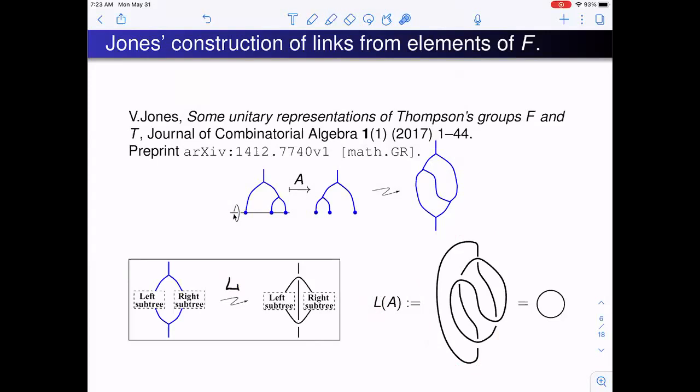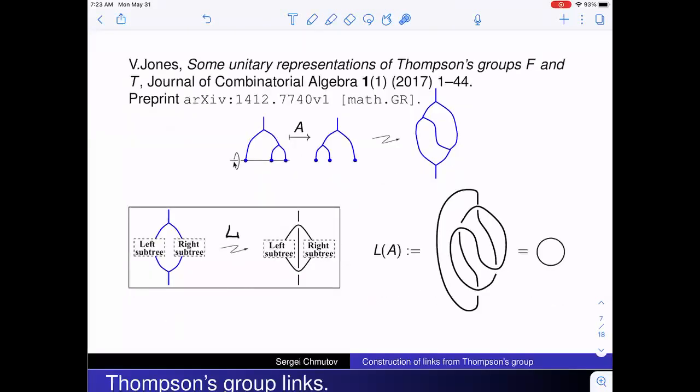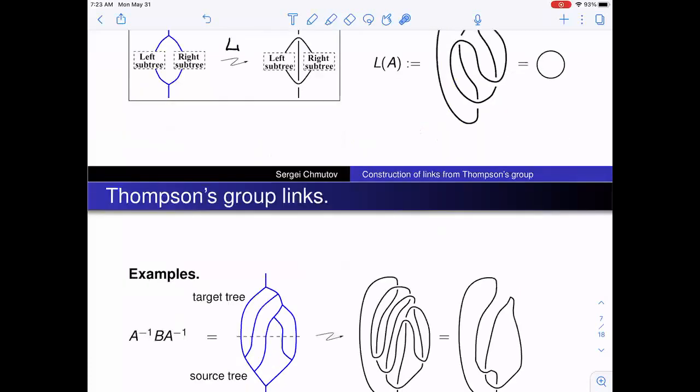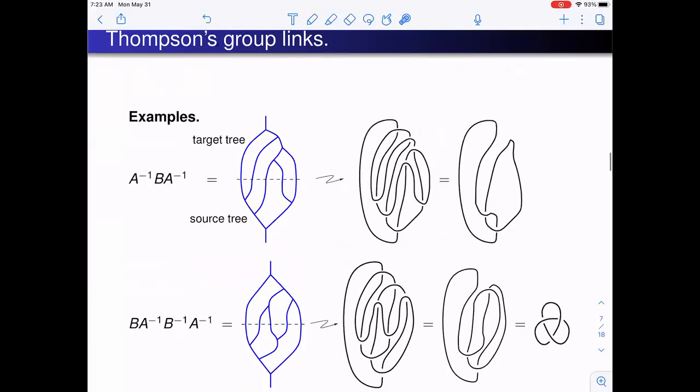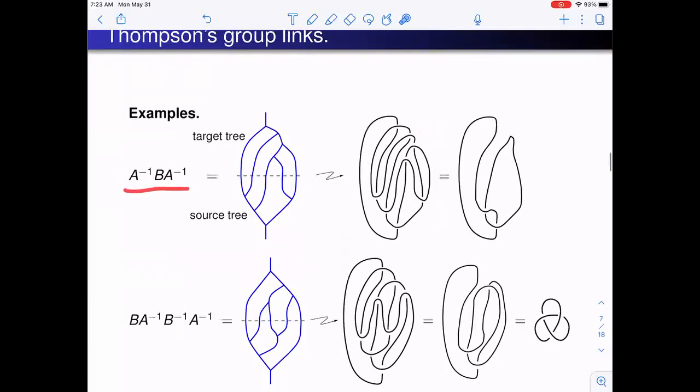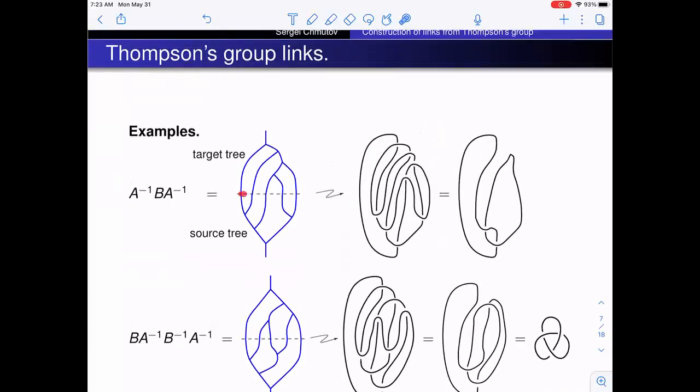But let's look at more examples of this construction. For example, if I take this element of the Thompson group like that, then again as trees it is going to be like that. That is the target tree here upstairs, and downstairs is the source tree. And I am supposed to do the same thing here. So let's take this vertex.